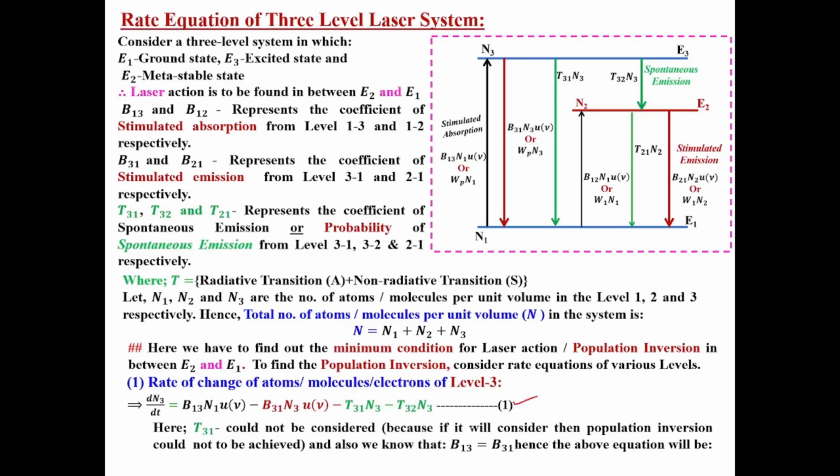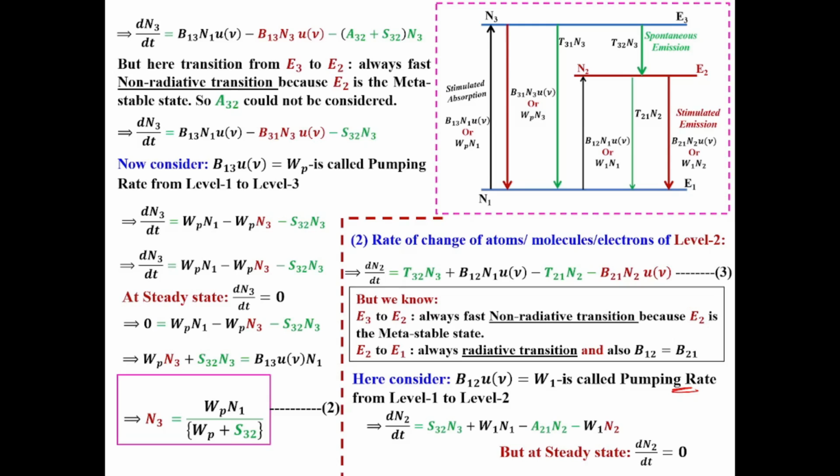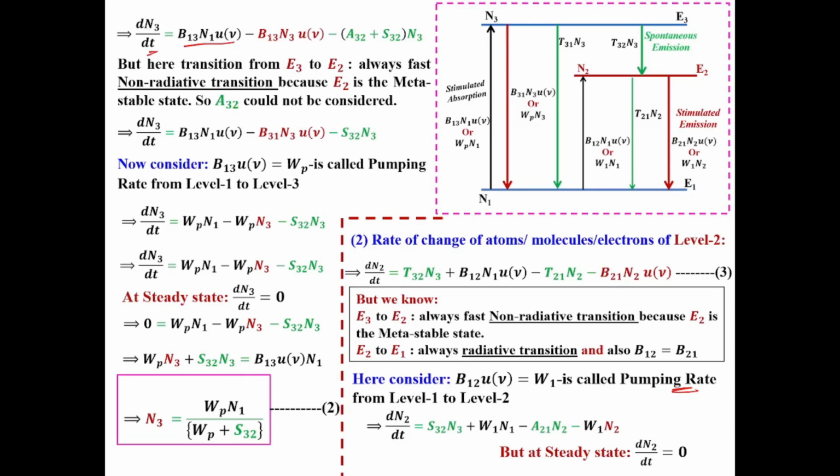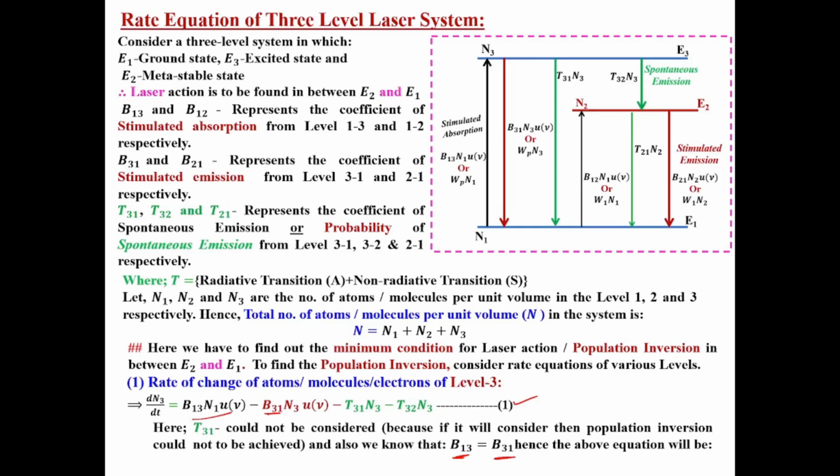And we already discussed that for the non-degenerate case, B13 equals B31. So here B31 can be written as B13. Now equation number 1 will be written as dN3 by dt equals B13 N1 u mu, which is already there, minus, instead of B31, B13 N3 u mu, and this term is 0.